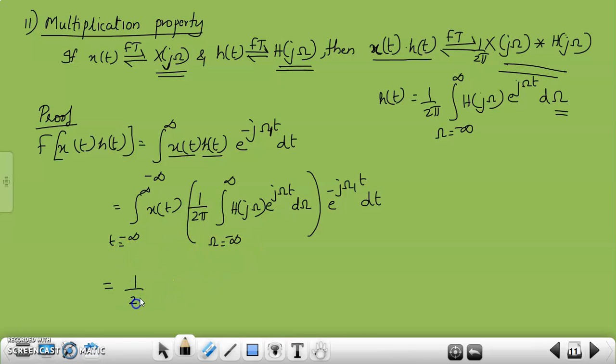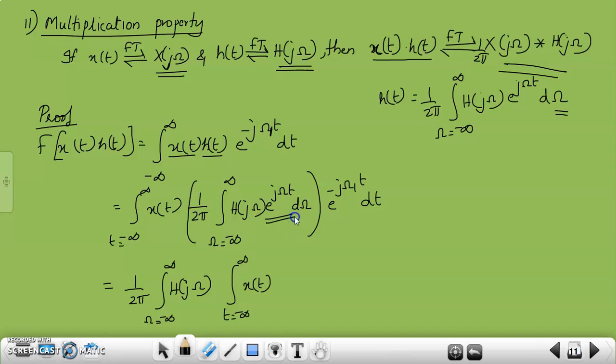I can write 1 by 2 pi integral over omega from minus infinity to infinity of H of j omega, into the integral over t from minus infinity to infinity of x of t.